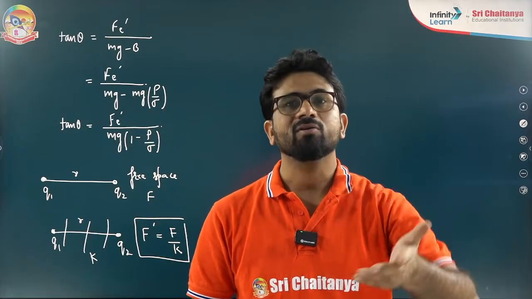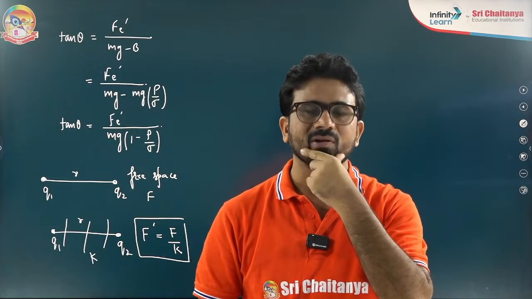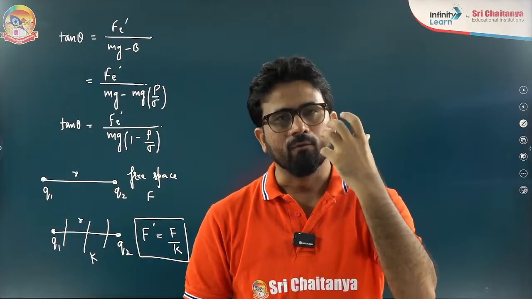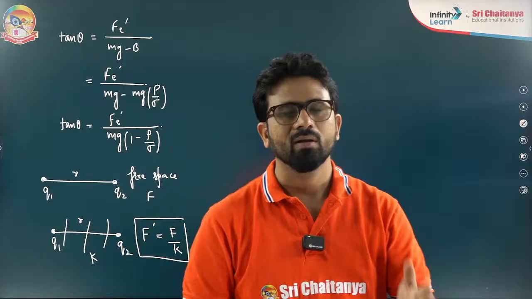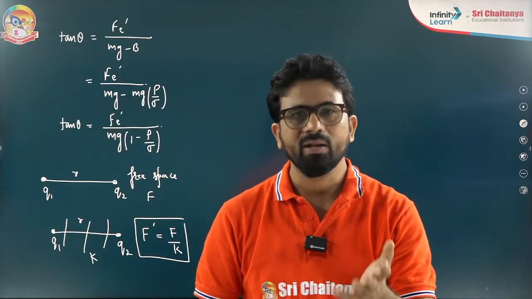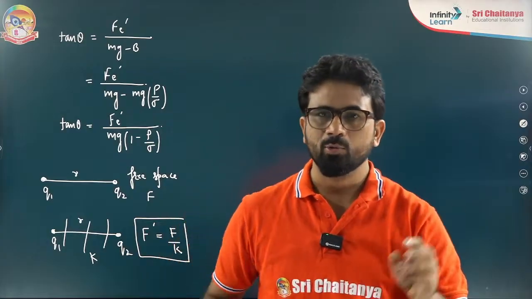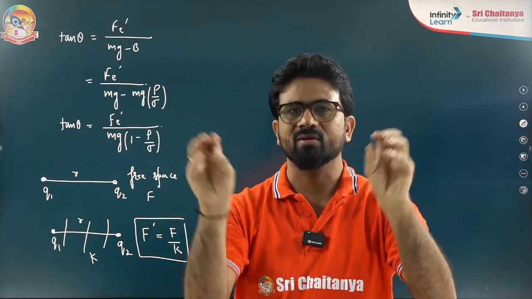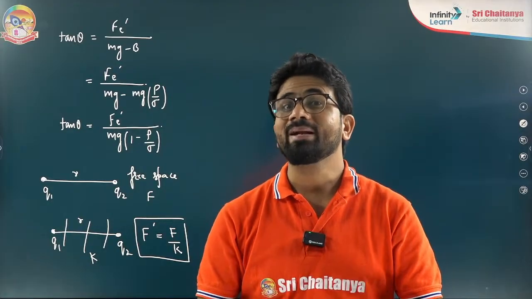If the dielectric constant is approximately 80, then the force decreases by 80. Now you will ask, what is the meaning of 80? Yes, for water the dielectric constant is approximately 80. Some books write 79, but we assume approximately 80. So if these two point charges are placed at a distance r in water, the force will decrease by 80 times.